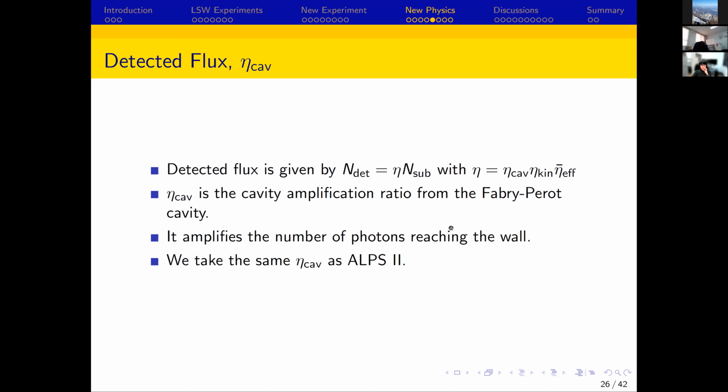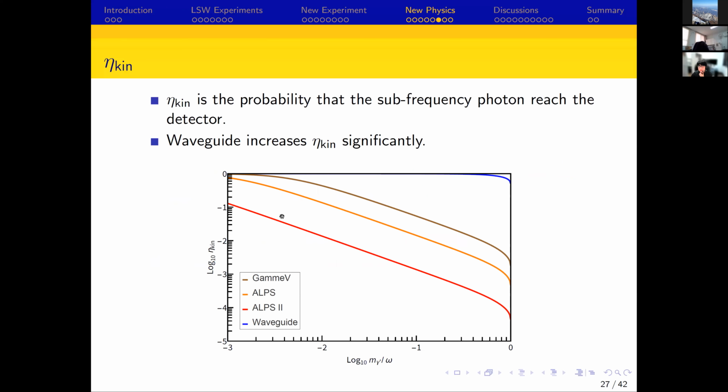Eta cavity is the cavity amplification ratio from the Fabry-Perot cavity, and it amplifies the number of photons reaching the wall. Since we assume the same cavity and same laser as ALPS2, we take the same eta cavity as ALPS2. And eta kinematic is the probability that the sub-frequency photon reaches the detector. This plot shows eta kinematic in various LSW experiments and our setup.